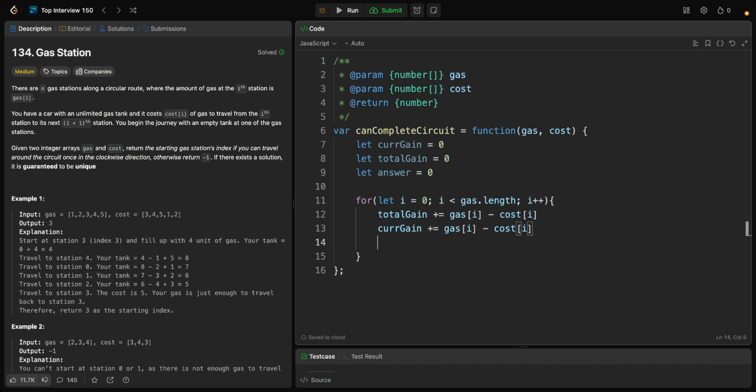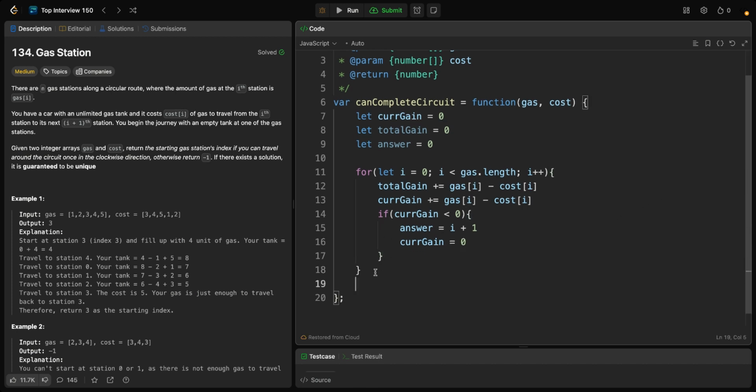And after that, if the current gain drops below 0, we should reset the current gain and move to the starting station. So we do that by checking if the current gain is less than 0, answer will equal i plus 1, and current gain will equal 0.